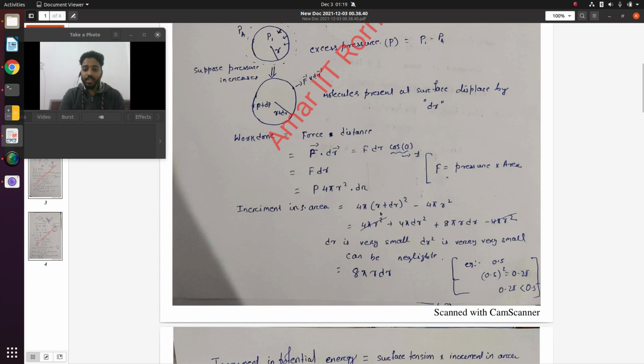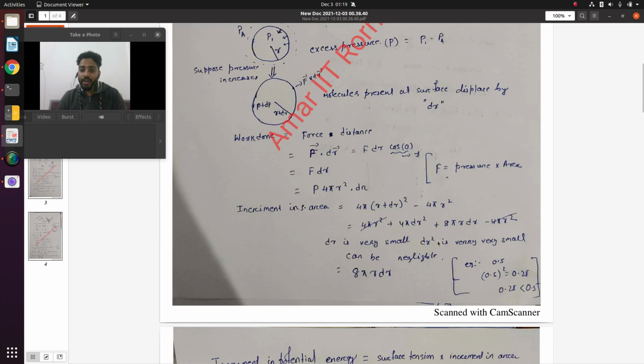When we expand the term (r plus dr) whole square, this is 4 pi r square plus 4 pi dr whole square plus 8 pi r dr, minus 4 pi r square. So 4 pi r square cancels out. If dr is very small, dr square is very small. You can see a small example: 0.5 is small, and 0.5 whole square is 0.25, which is less than 0.5.